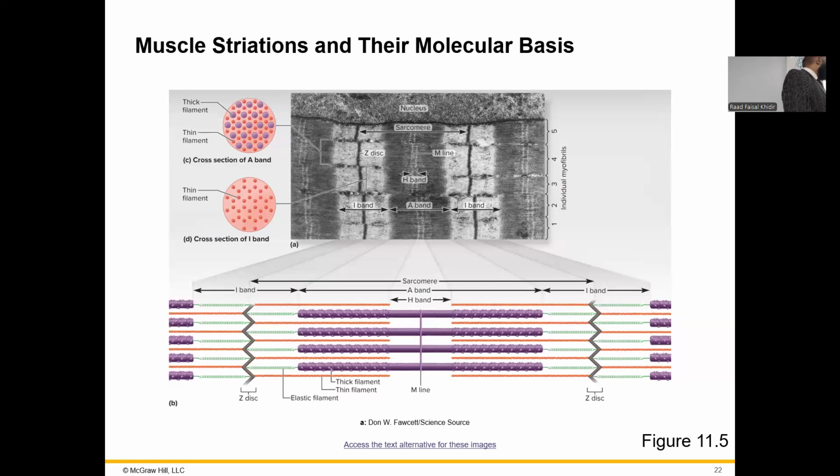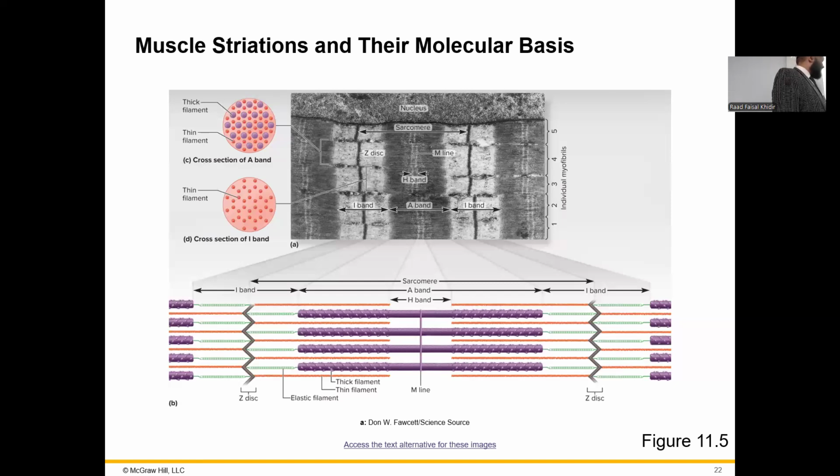There is a Z disc in the middle of each I band, and you would see that this is a very light, very thin band known as the I band.